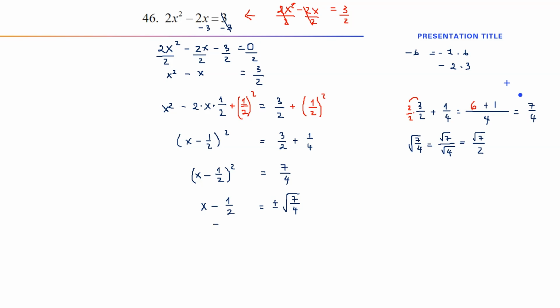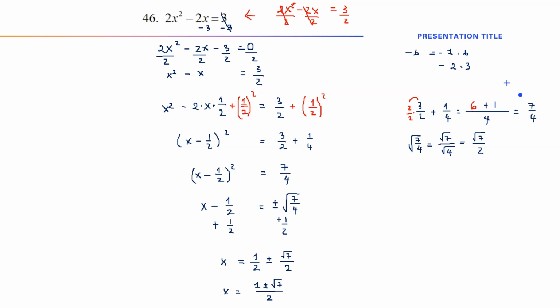So we add 1/2 to both sides. Our final answer is x equals 1/2 plus or minus the square root of 7 over 2, or we can rewrite it as 1 plus or minus the square root of 7, over 2.